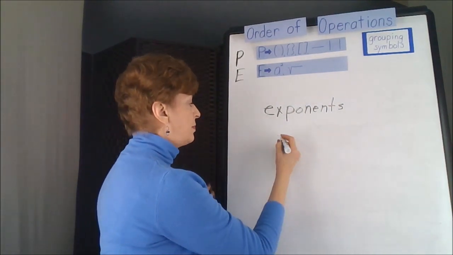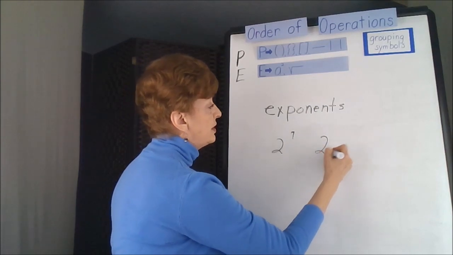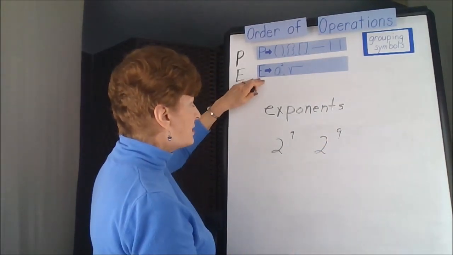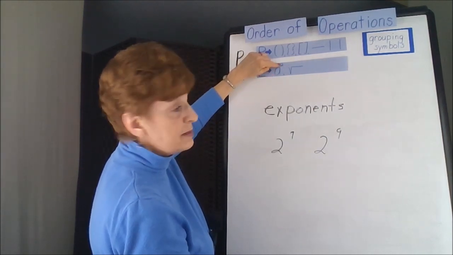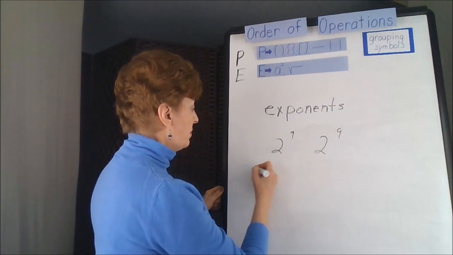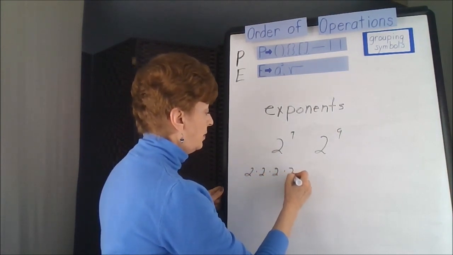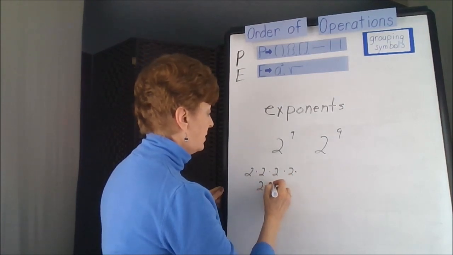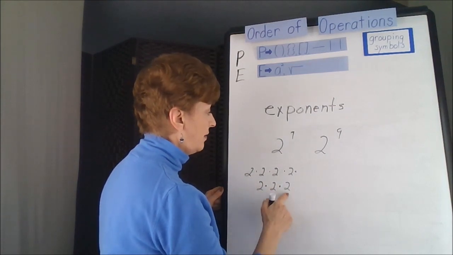So you can have exponents like 2 to the 7th, 2 to the 9th power. So exponents are any base number with an exponent, a small number here. This one would mean 2 times 2 times 2 times 2 times 2 times 2 times 2. 1, 2, 3, 4, 5, 6, 7.